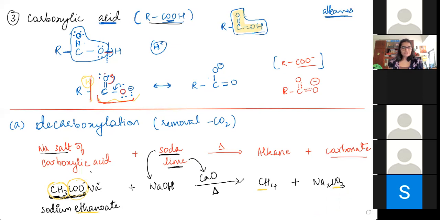For now, you just need to know this reaction: if you heat an acid salt with soda lime, you end up getting an alkane. Point one, the alkane you get will have one less carbon atom than the acid. These are the two important points you need to take from this equation.